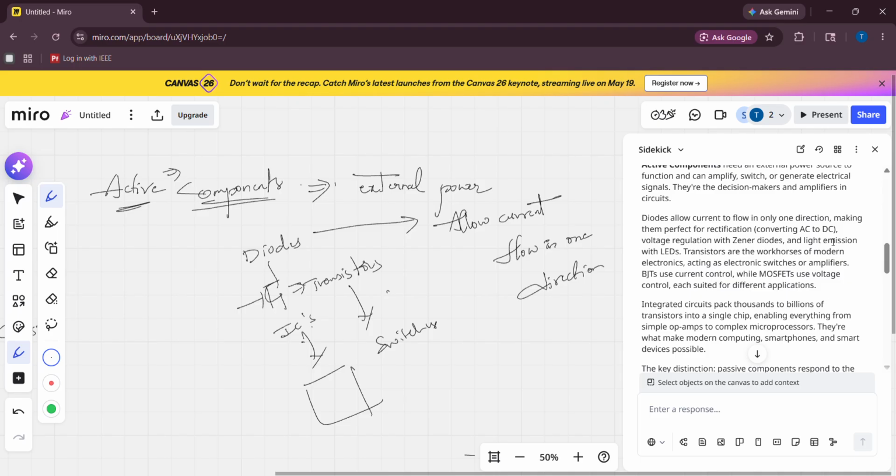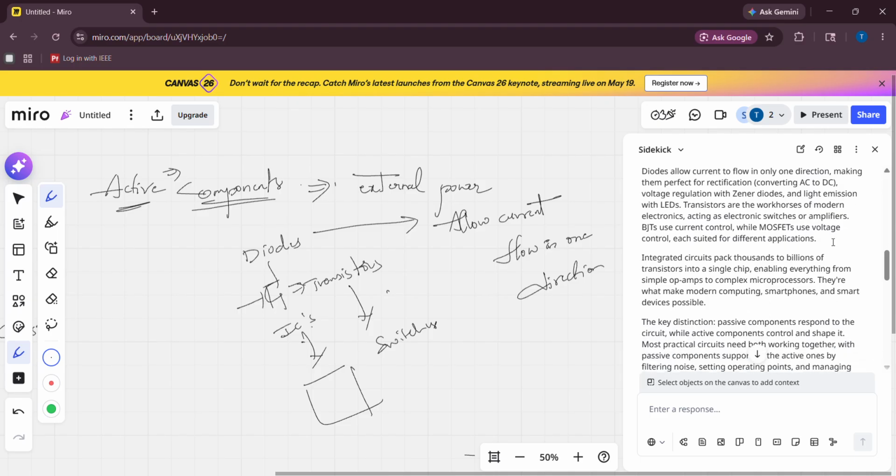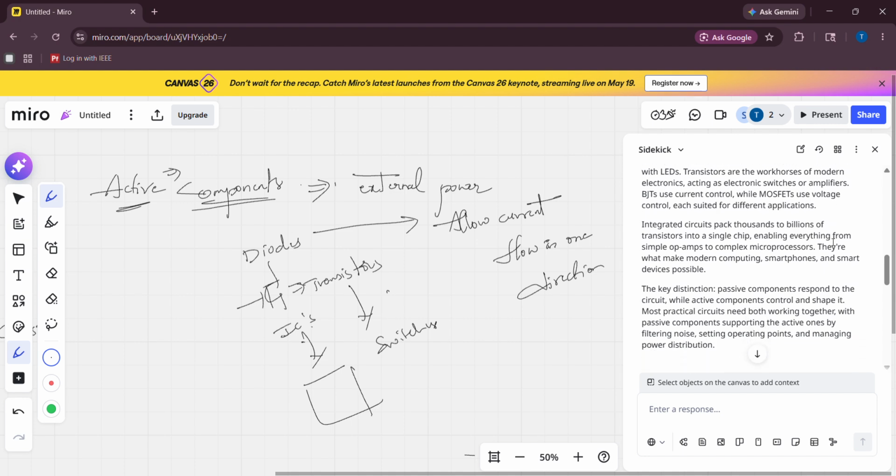Integrated circuits pack thousands to billions of transistors in a single chip, enabling everything from simple op-amps to complex microprocessors. They made modern computing, smartphones and smart devices possible. By these technologies only, we are living a luxurious, modern, technological life.